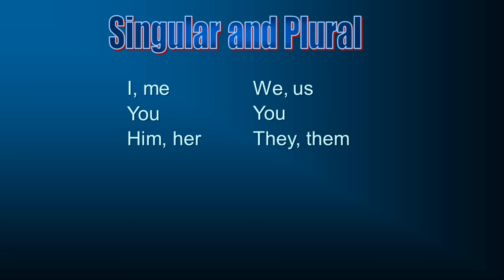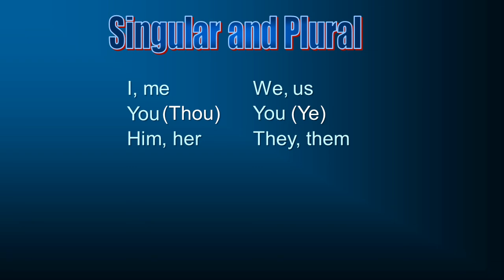Now, in Old English, you can say thou or thee. That would be second person singular. And then ye would be second person plural. Now we don't have this in modern English, but in Old English you do have that.